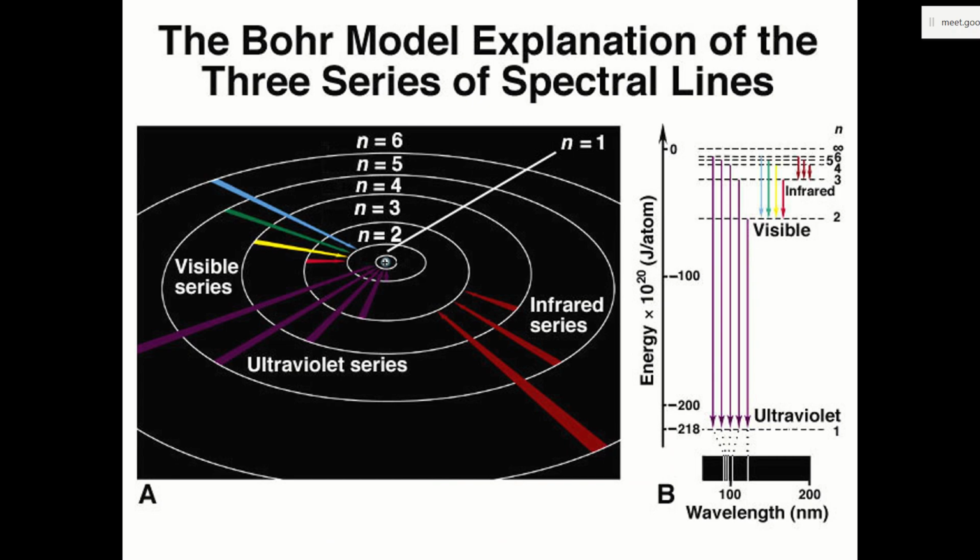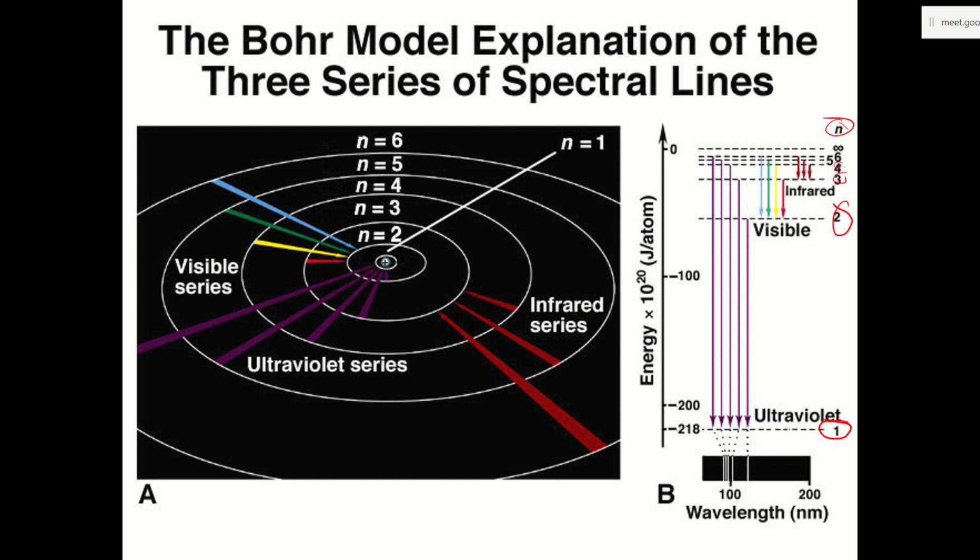But at least at a beginner's level, we expect you to understand the Bohr's theory very well, and then only you start moving to the quantum theory. So he said that these are the energy levels. So see, n is equal to 1, 2, 3, 4, 5, 6.